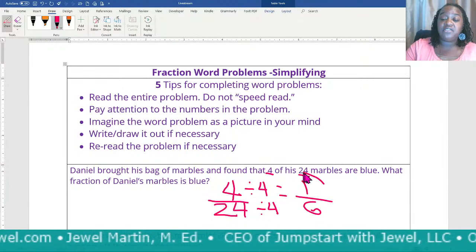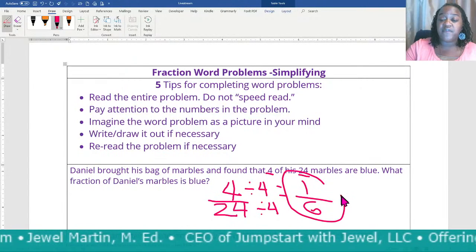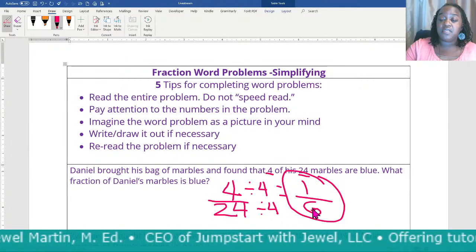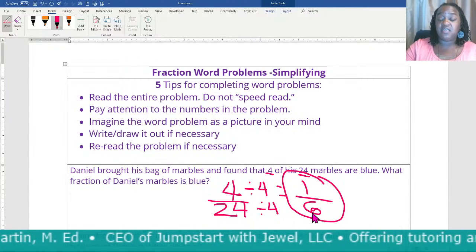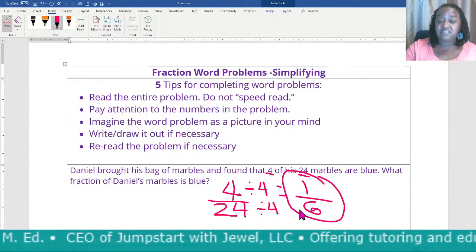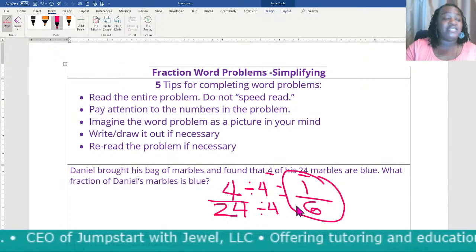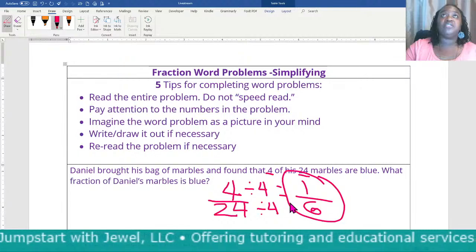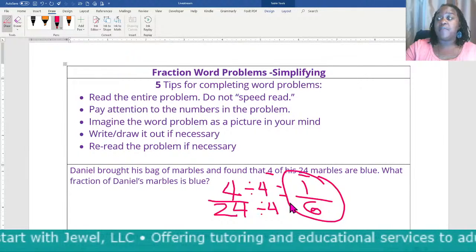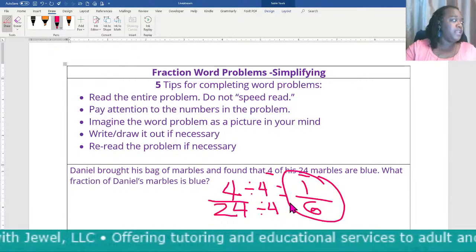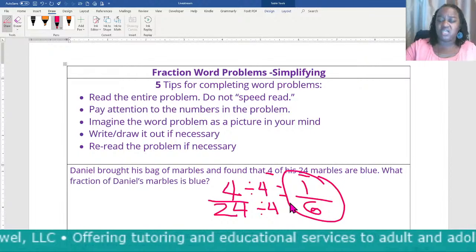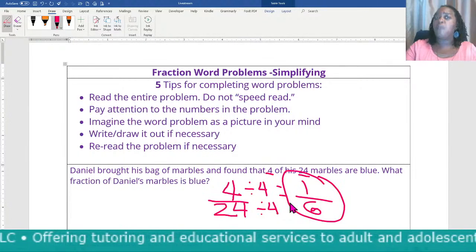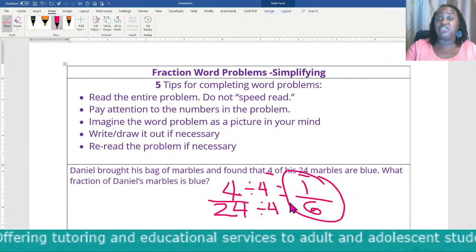So once you simplify this, the answer is 1/6. So 1 out of 6 of the marbles that Daniel has is blue. 1 out of 6. If you ever watched a TV commercial and they talk about 1 out of 2 adults choose such and such, that's a ratio, but ratios are also fractions as well.